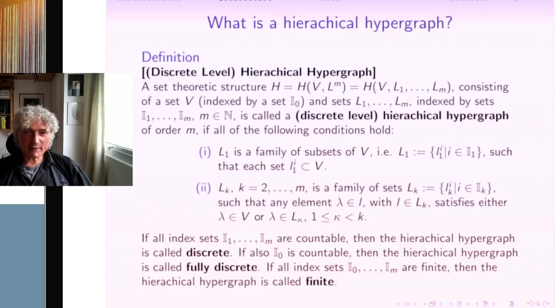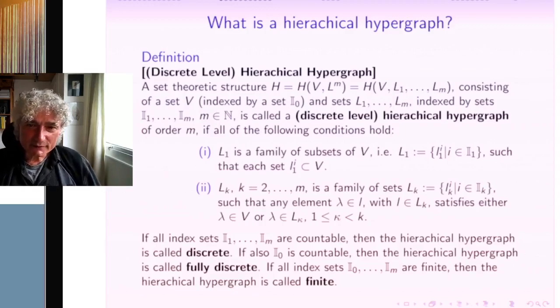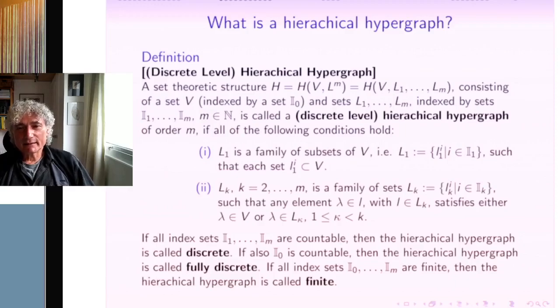So what is a hierarchical hypergraph? A set theoretic structure, capital H now, is a hypergraph which depends on the basic set V as before in all our set theoretic constructions. And now M different sets of hyperlinks, L_M, and you can also write that out.